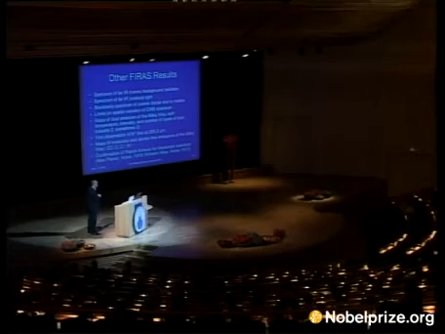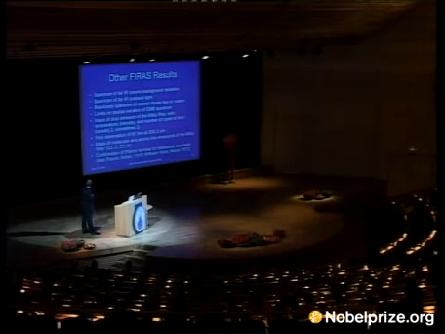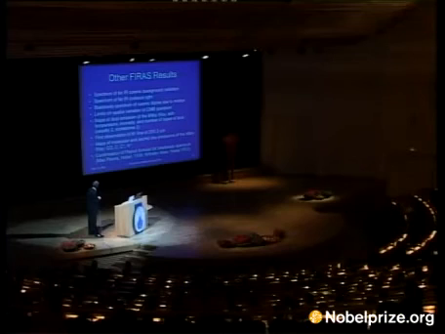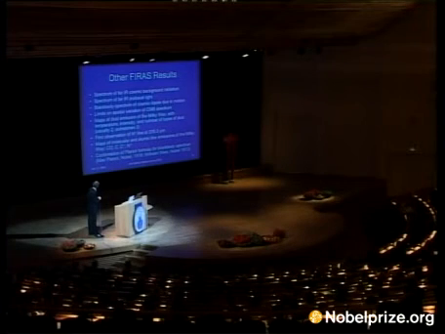We measured the far infrared radiation of the interplanetary dust, which had never been seen before. We were able to confirm that the difference in brightness of the sky due to the fact that the Earth is moving through the radiation has all of the right behavior to be due to the cosmos as well. We were able to check that nothing's funny about this change of the spectrum with direction.